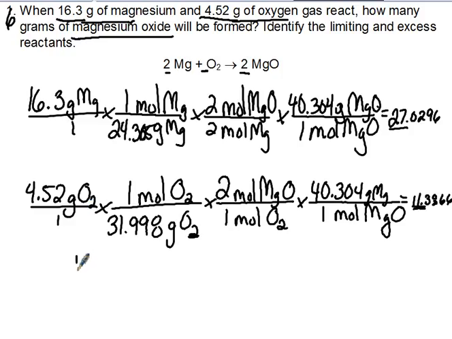So the limiting reactant is O2, and it will only produce 11 point, now remember 3 sig figs, so 3, that should be 11.38, so that tells me that I need to round my 4 up.